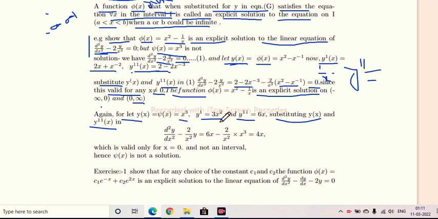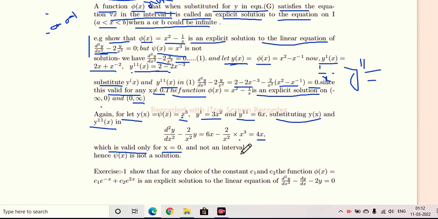Y double dash is 6x minus 2 by x square into y(x). What is y(x)? y(x) is x cube. So put it here, and after calculating, we get 4x, which is valid only for x equal to 0, because the second order derivative, this right side, is 0.